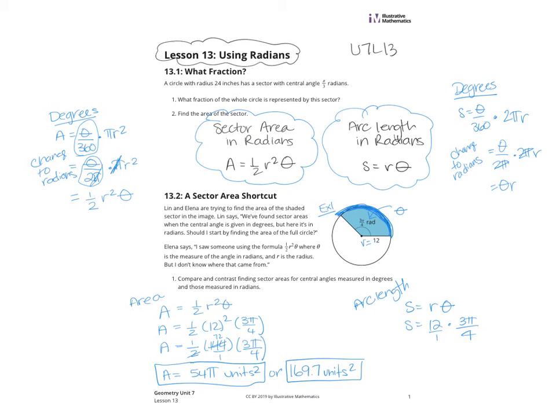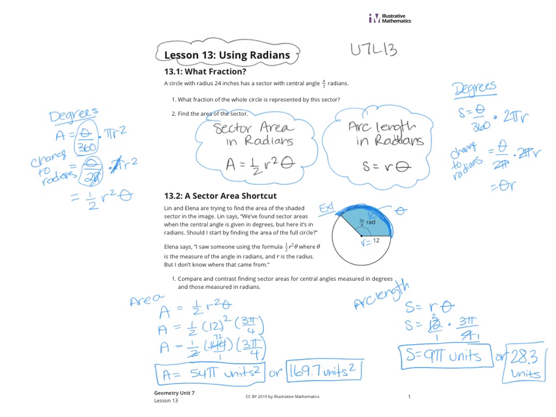My 12 divided by 4 is 3. So that's really 3 times 3 pi, or 9 pi units, because this is just a perimeter, like a distance or circumference. And that would be a great answer. Or if you want to multiply by pi, you can: 9 times pi is approximately 28.3 units.